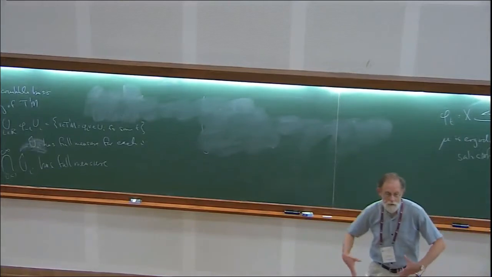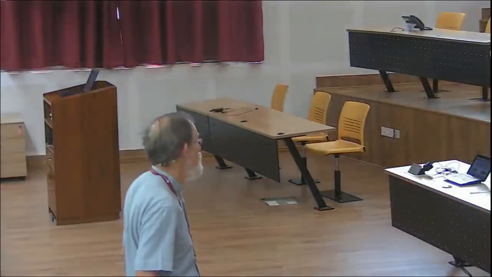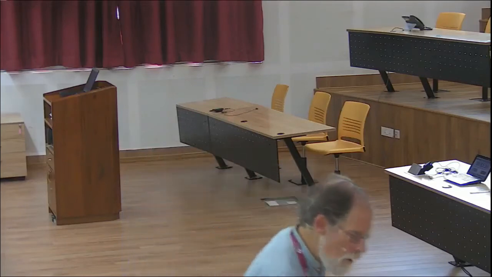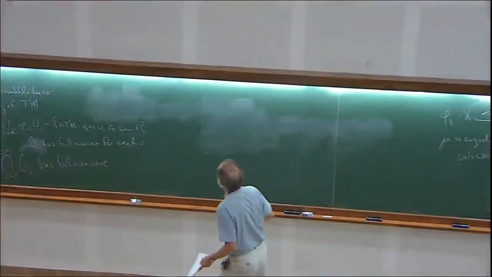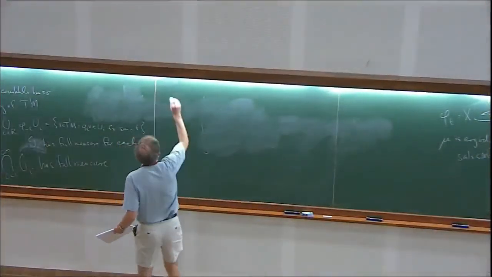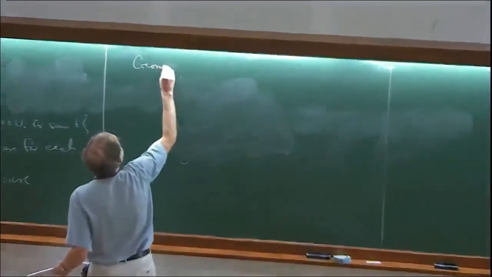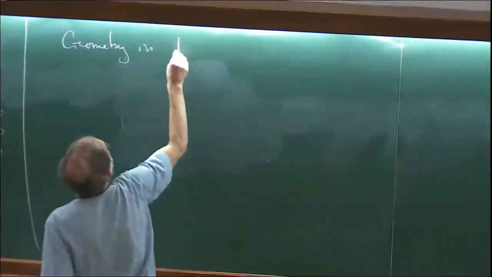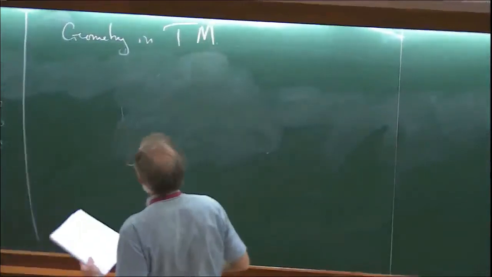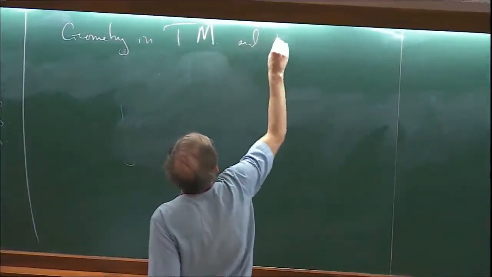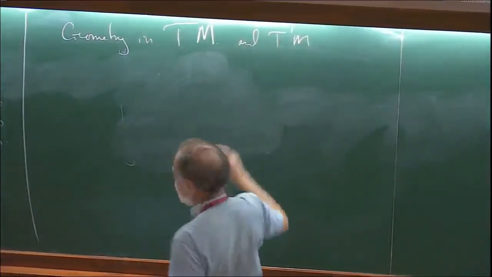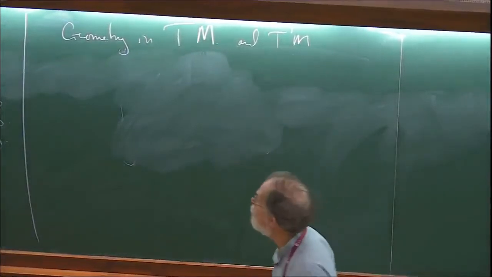And also we'll introduce some ideas that you use in thinking about geodesic flow. So really I want to talk about some geometry in the unit tangent bundle. Well, and to some extent the tangent bundle, and to some extent the unit tangent bundle.